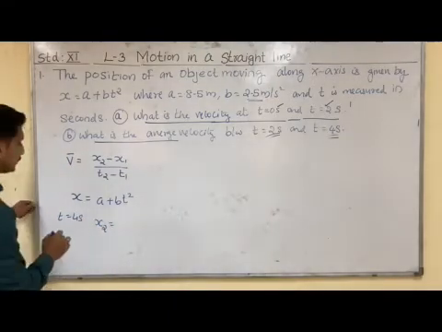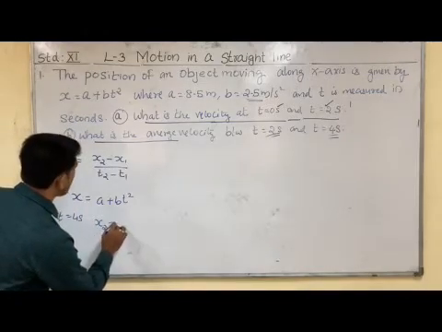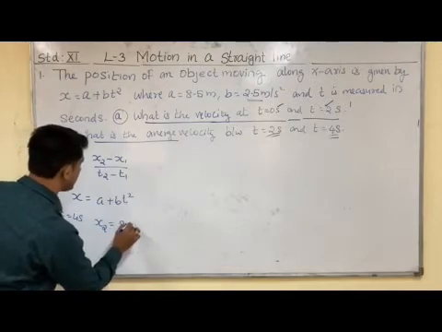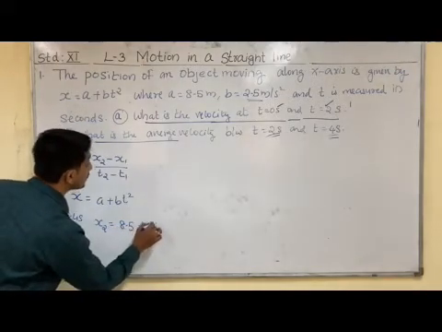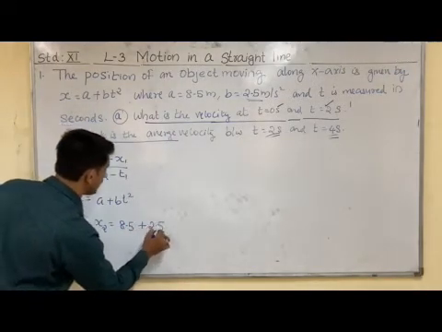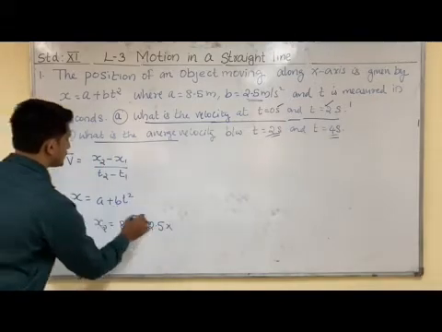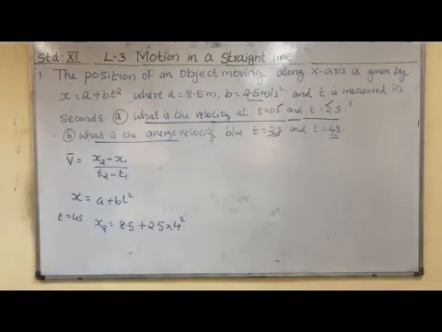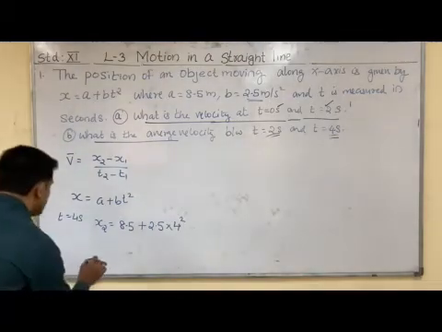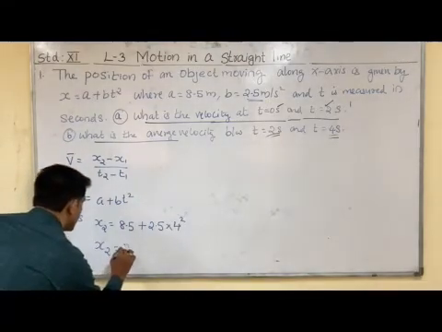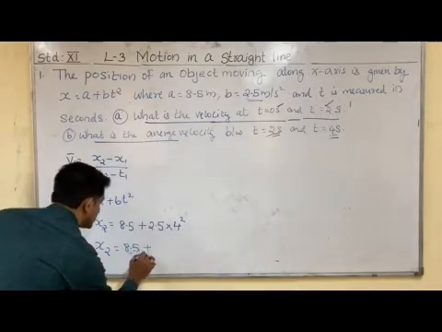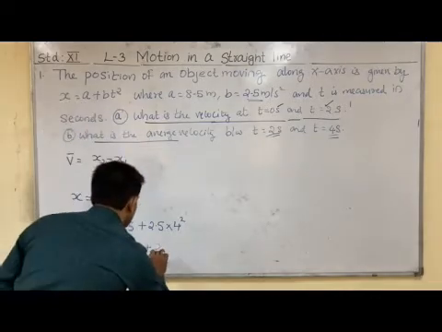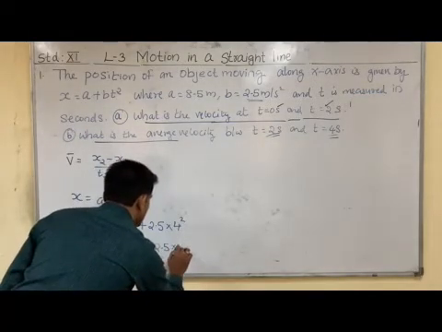So x2 is equal to a plus bt square. The a value is given as 8.5, plus the b value given as 2.5 into t square. t square means 4 square. So the equation becomes x2 is equal to 8.5 plus 2.5 into 16.